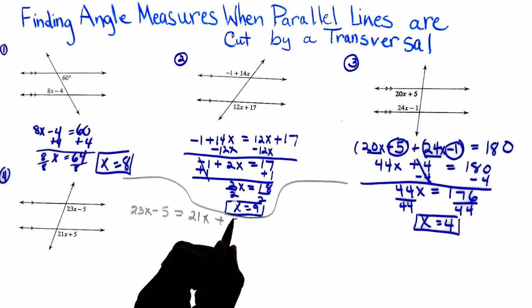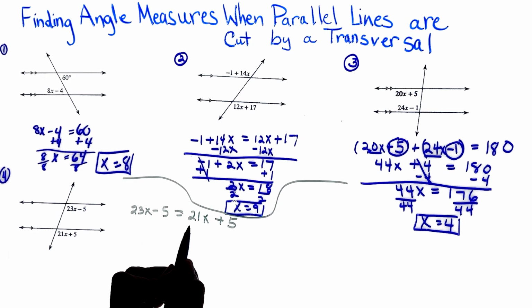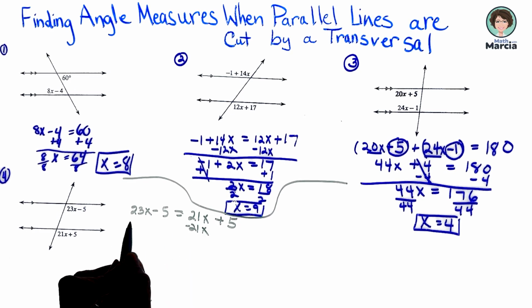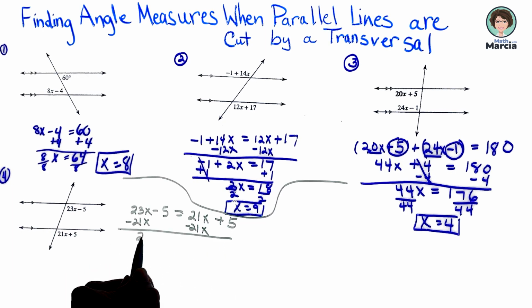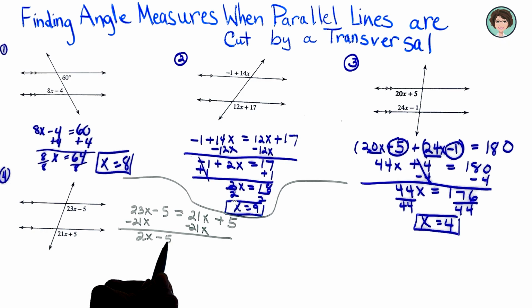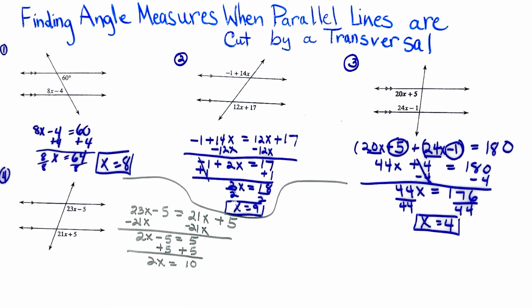21x plus 5. And so now notice, I'm going to bring my variables together. So I'm moving it to the other side of the equation, and I get 2x minus 5 is equal to 5. Bringing my numbers together, I get 2x is equal to 10.